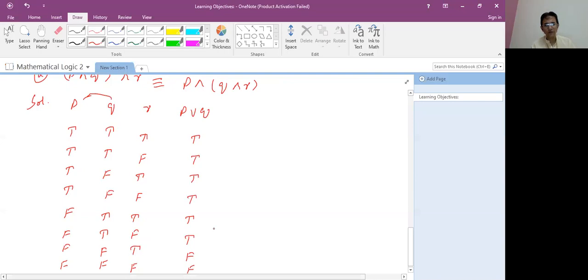Then (P or Q) or R: we connect column 3 and column 4 according to the addition operation.